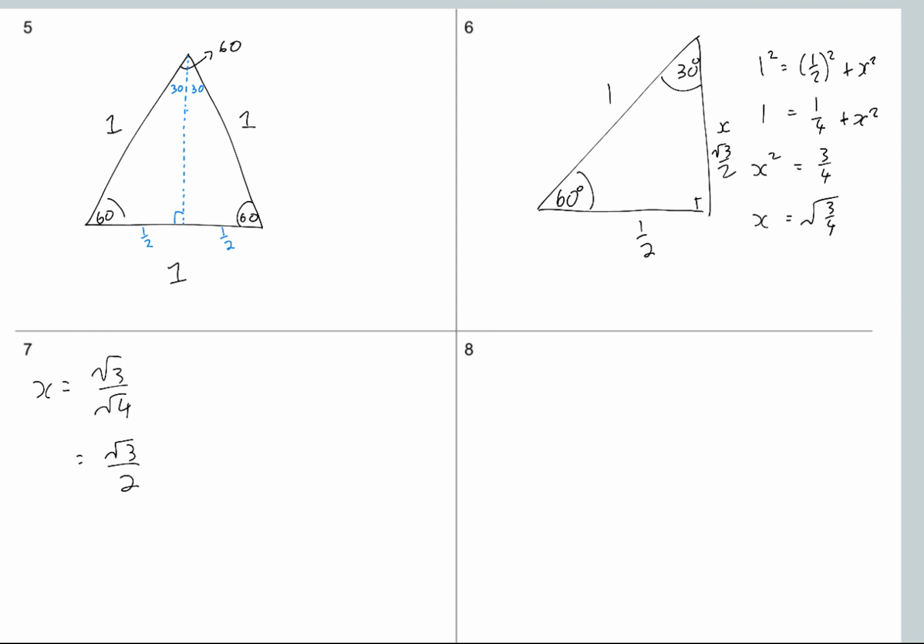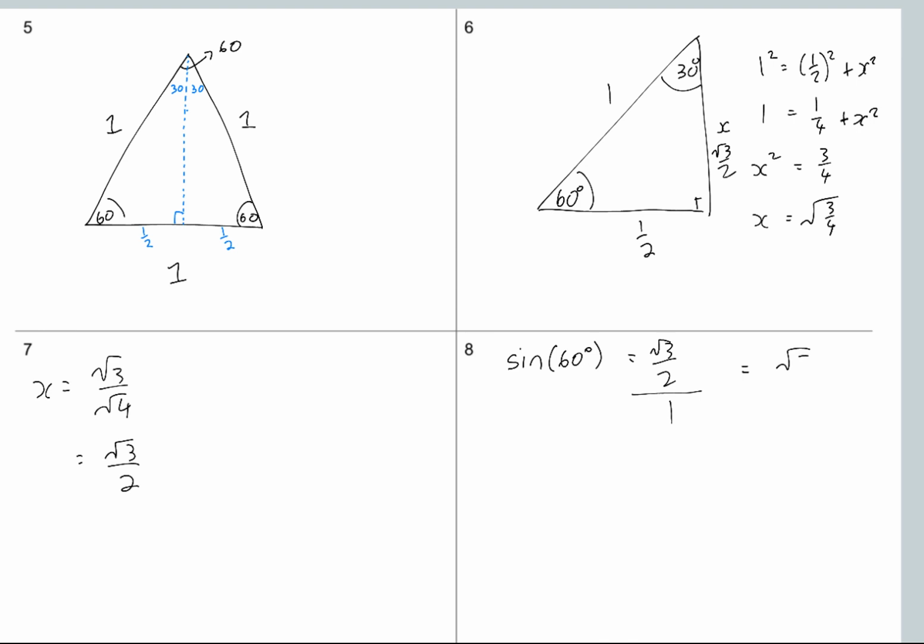On slide 8 now, I've got the sine of 60 degrees is equal to opposite over hypotenuse. So I've got root 3 on 2 over 1. I'm going to go sideways so I can fit them all into this slide.